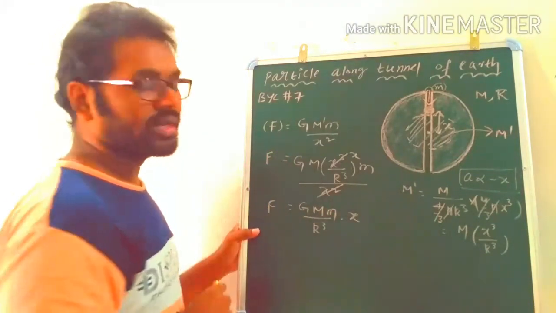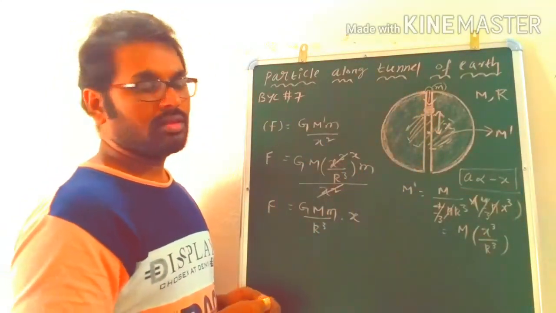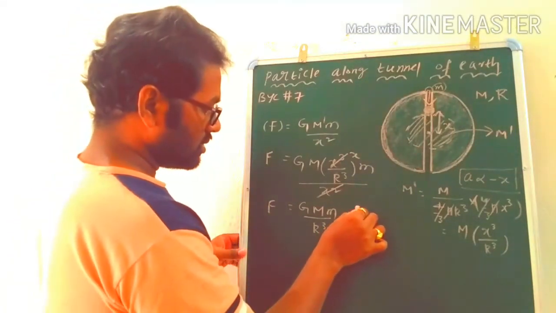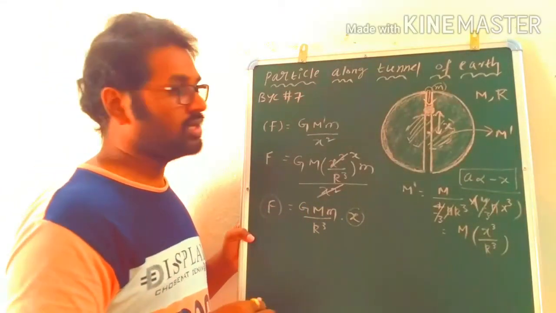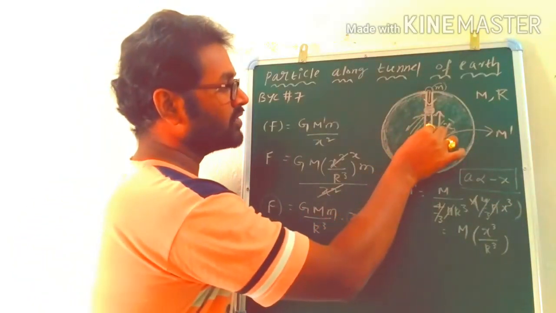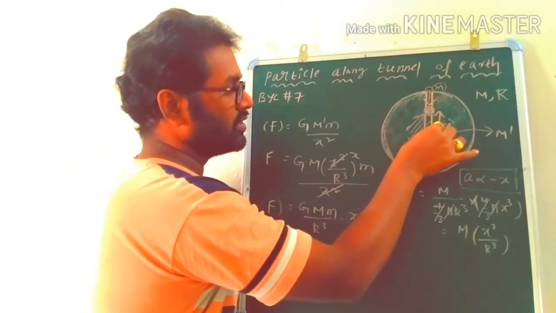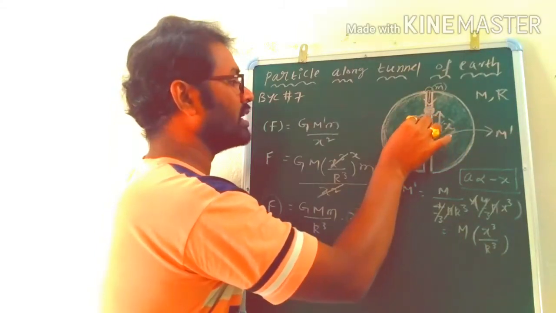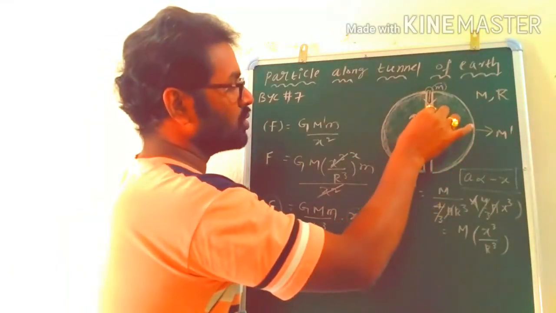So this is the gravitational force of attraction between the particle and the Earth. And if you see the relation between displacement and the force, what is displacement? We always take displacement from the mean position. Here the center of the Earth is the mean position, and the particle is here, so we are moving away from the center of the Earth, so the displacement direction is upward, and the force direction is towards the center of the Earth.